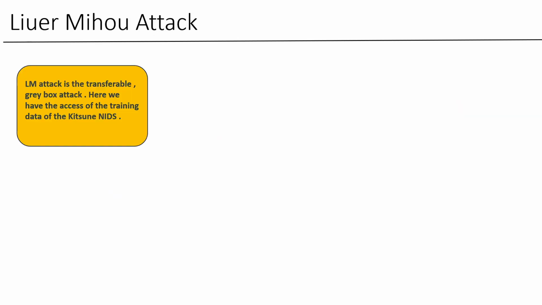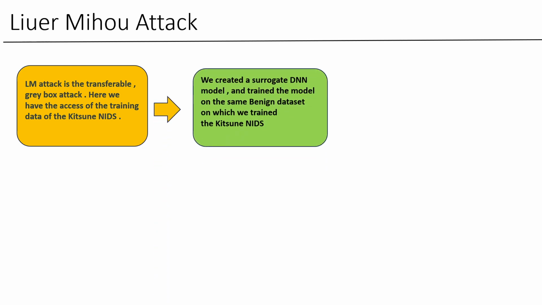Now, after setting up the Kitsune NIDS, we went ahead to implement the LM attack on Kitsune. The LM attack is a transferable gray box attack, and here we have access to the training data of the Kitsune NIDS. What we did is we created a surrogate DNN model and trained it on the same benign dataset on which we trained the Kitsune NIDS.